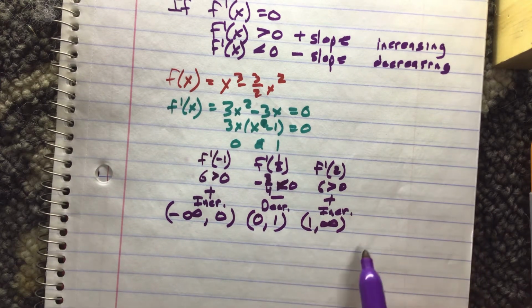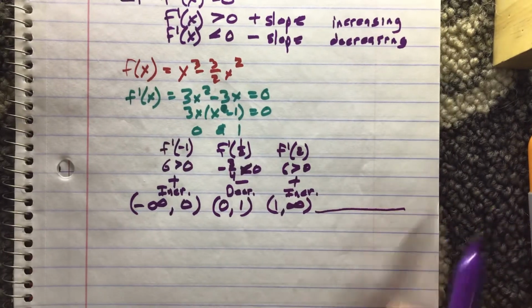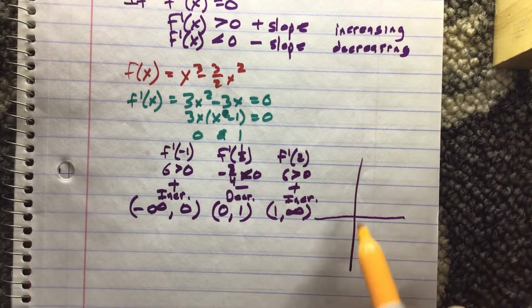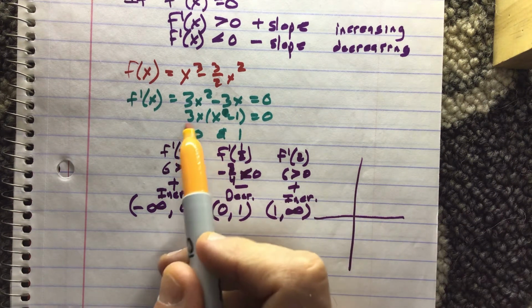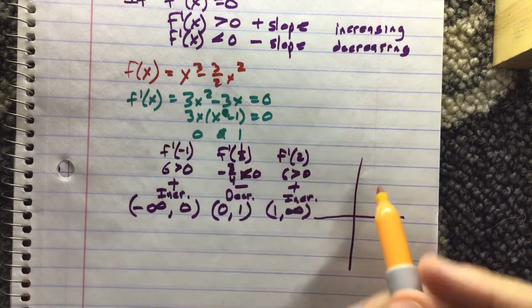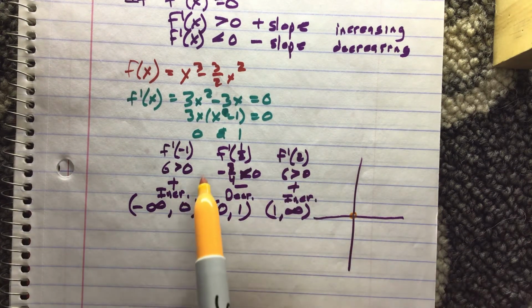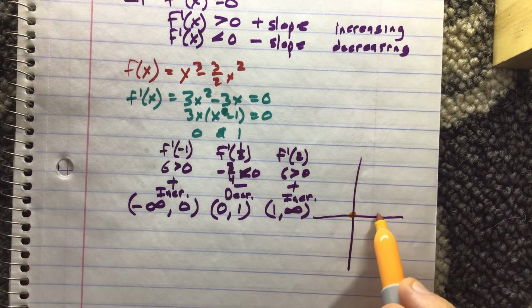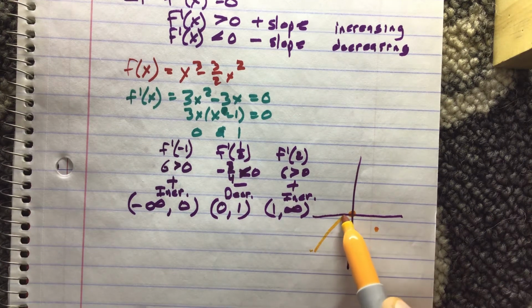So the graph of this function looks kind of like, let me see. So the critical point was 0. If I plug that back into the original function, I get 0, 0. So right there. And if I plug in the 1, I get -1/2. So I'm like here. So this function looks like this.